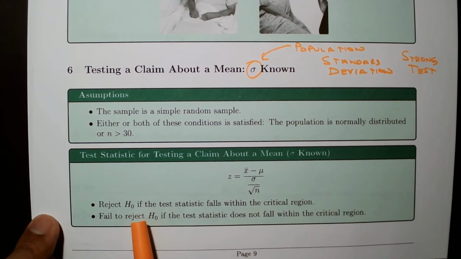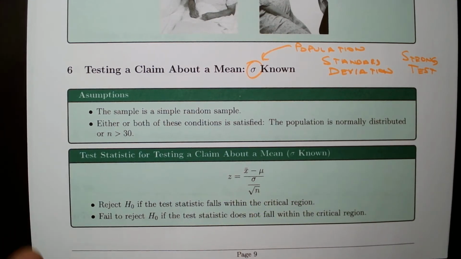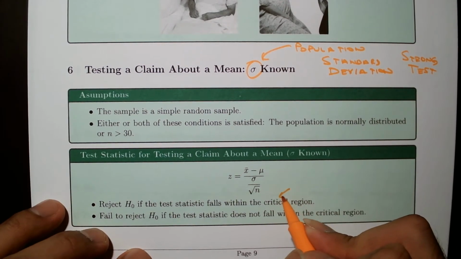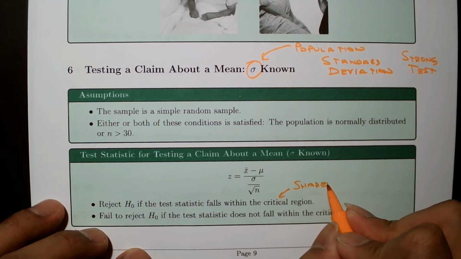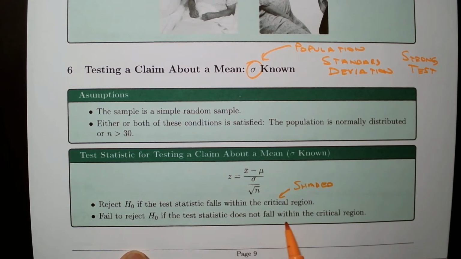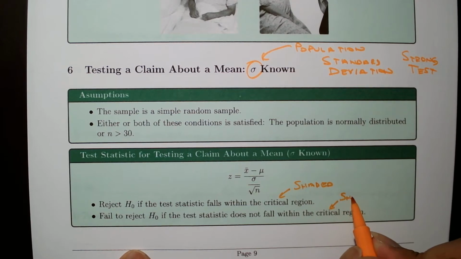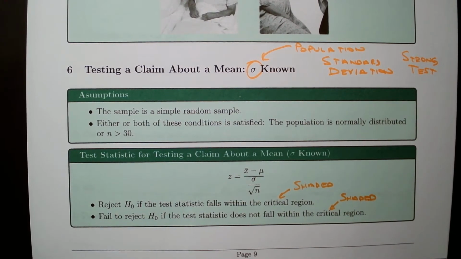Reject if our test statistic falls within the critical region, within the shaded region, and fail to reject if it doesn't fall within the shaded region. That's what we mean by critical region.